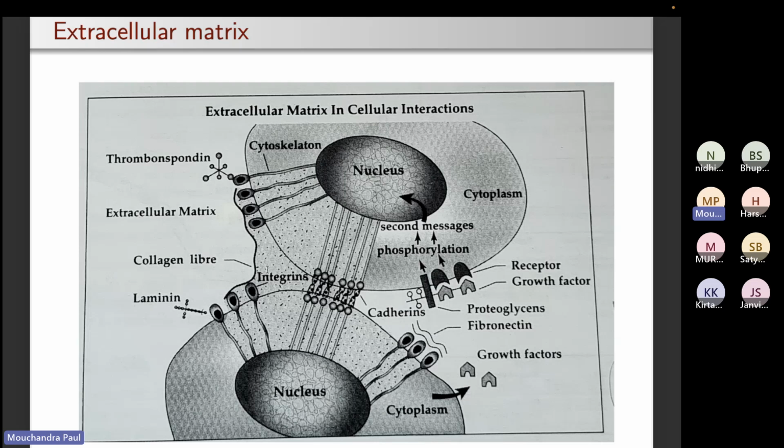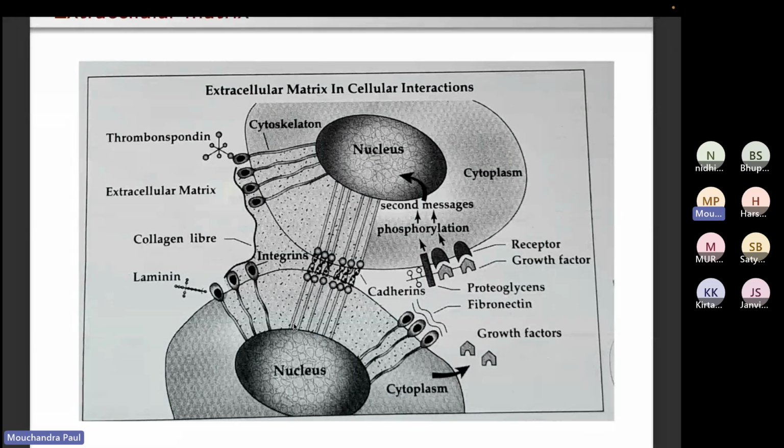In this figure, you can see how cells are interacting with the ECM components. These are two cells, and these are the integrins. Integrins are basically transmembrane proteins, where some part of the protein is inside the cell and some part is outside the cell membrane.